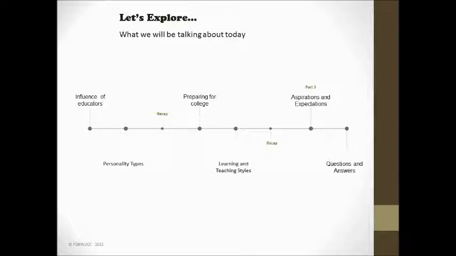Then we will recap what we've learned so far, and then we will learn about preparing for college, and we will learn about the different learning and teaching styles there are, and then we will recap. Our third part today will be aspirations and expectations, and then there will be questions and answers.